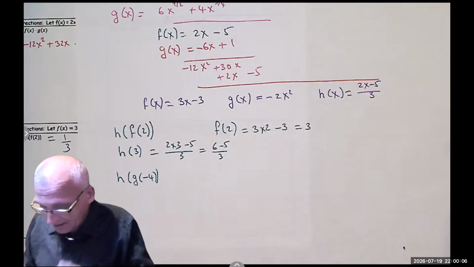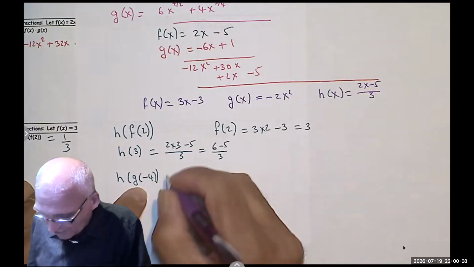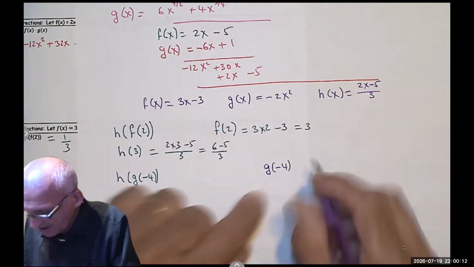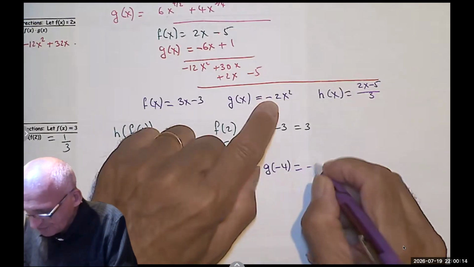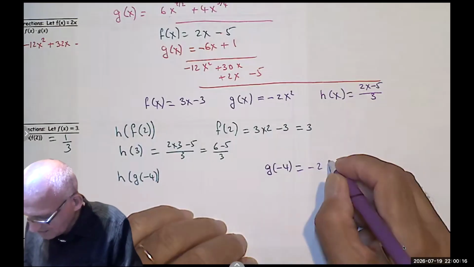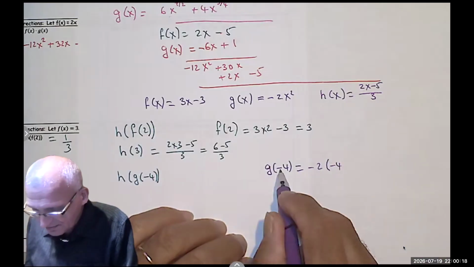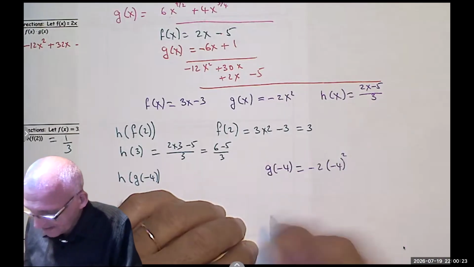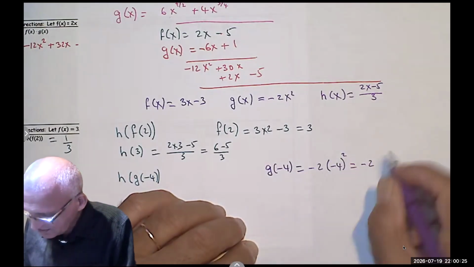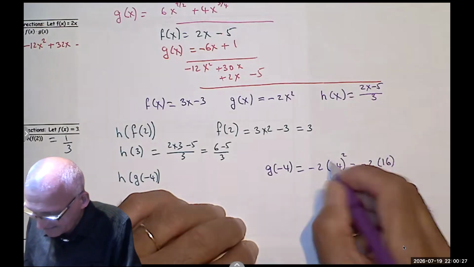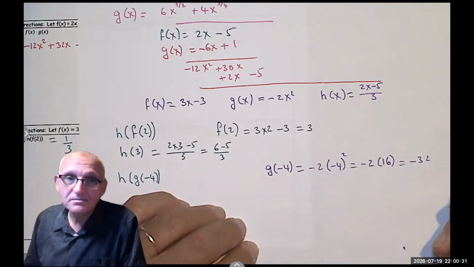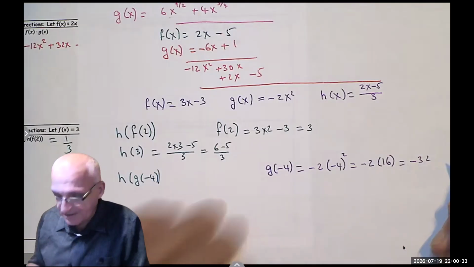Okay, so g of negative 4, first of all, you evaluate g of negative 4 equals negative 2, that's a constant, times x, no, negative 4, right? Square. So it's negative 2 times 16, positive 16, equals negative 32. I hope you got this part right.